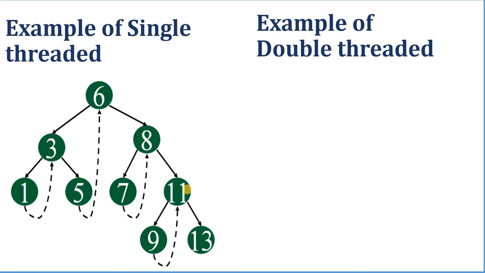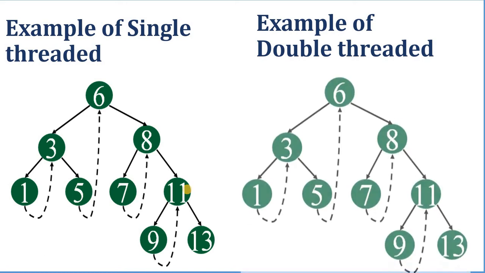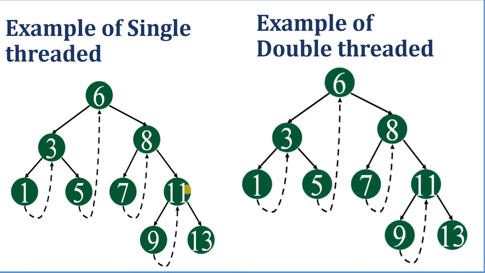Now the second is double threaded. It means null entries of left and right are pointing to the in-order predecessor and successor respectively. So how can you show it in the same binary tree? Now for this one, the right is pointing to the in-order successor and the left is pointing to the in-order predecessor.